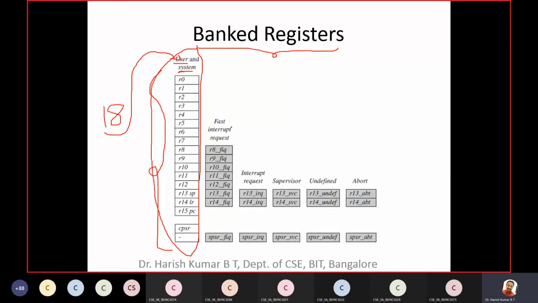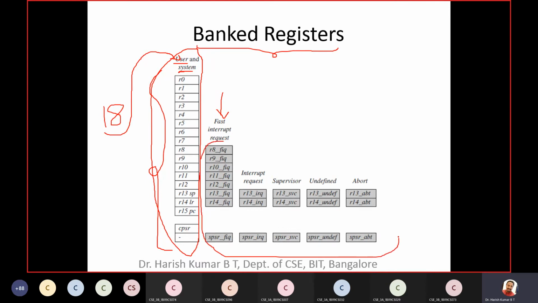Now I said there are other modes as well: abort mode, undefined mode, supervisory mode, interrupt request mode, fast interrupt request mode. When the CPU is in the fast interrupt request mode, these are the registers: R8_FIQ, R9_FIQ. So in fast interrupt request mode, these are the banked registers.